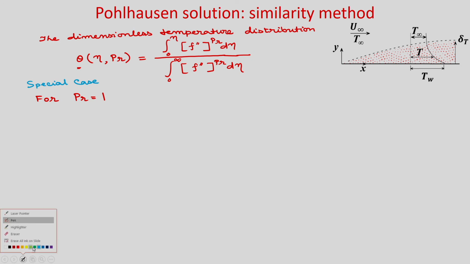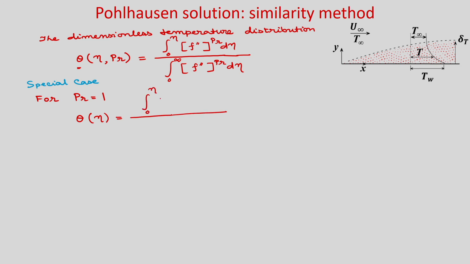You can write theta of eta for Prandtl number 1 is equal to integral 0 to eta. Okay. So, you can write d of f prime, d of d eta. So, d eta will get cancelled. So, d of f prime, and in the denominator you have integral 0 to infinity d of f prime.